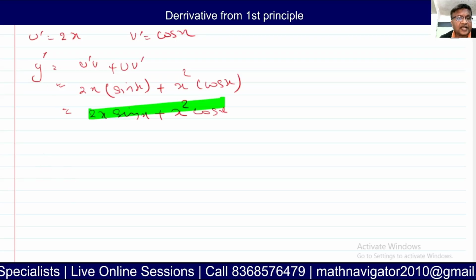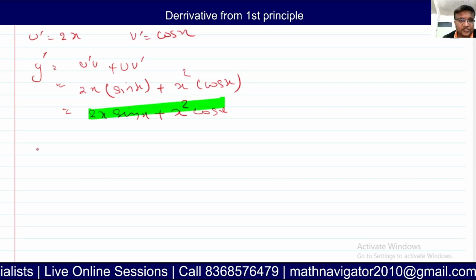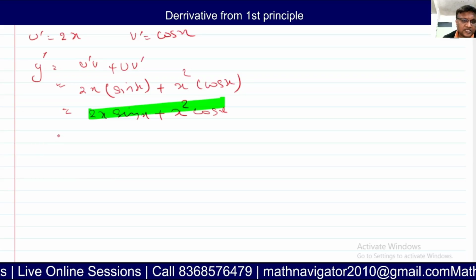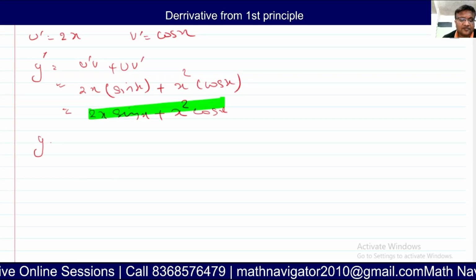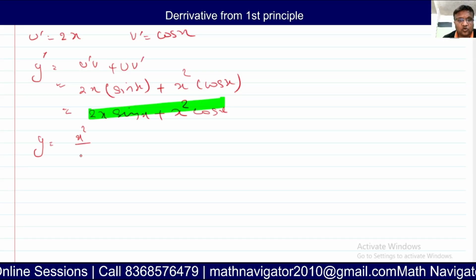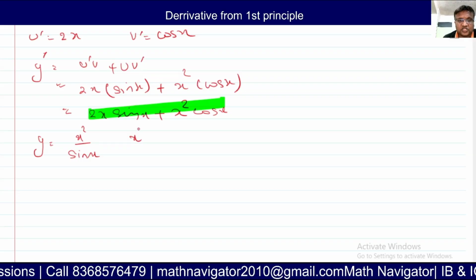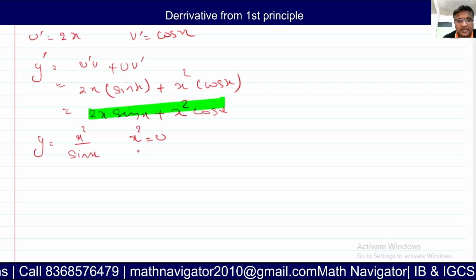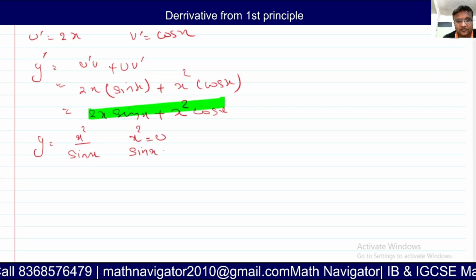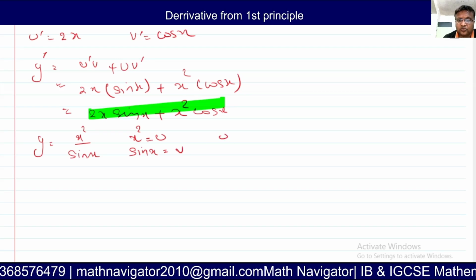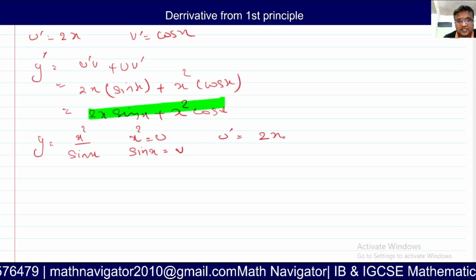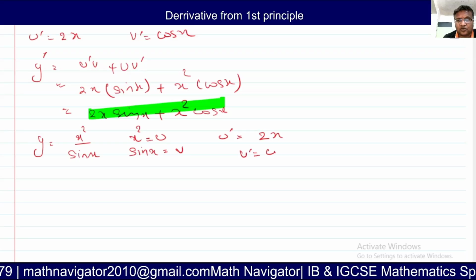Then the next question I can give you is, let's say y is equal to x squared over sine x. So this means we can call x squared as u and sine x as v. So u derivative is equal to 2x and v derivative is equal to cos x.